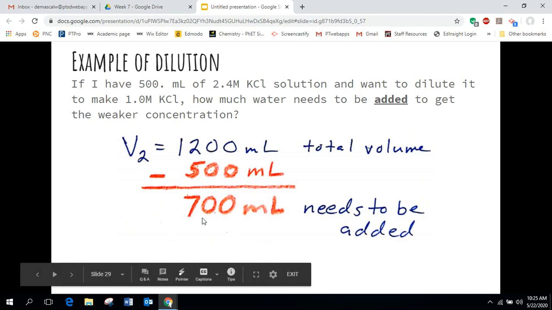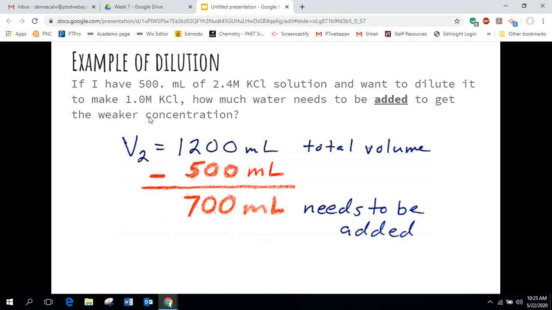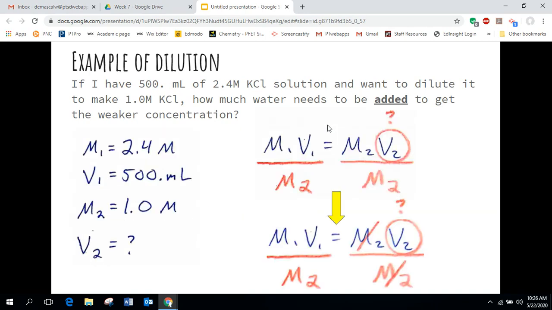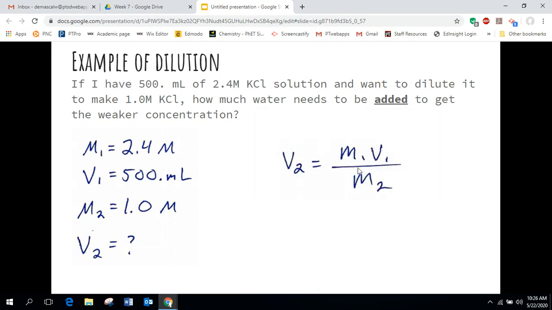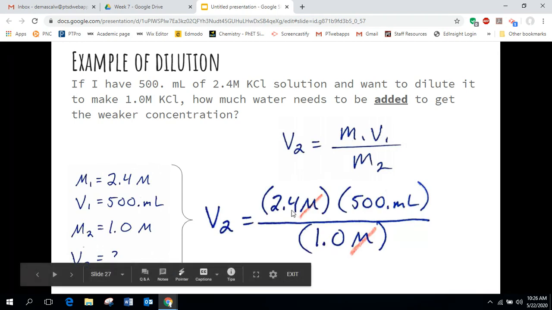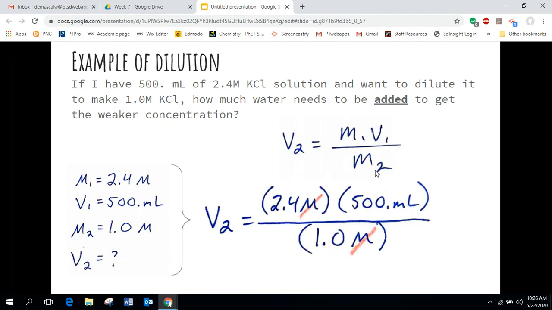And the end result is that we would have 1,200 milliliters of the weaker 1 molar. So again, we used M1V1 equals M2V2. We solved for V2. We plugged in the original molarity and volume. We had 2.4 molar and 500 milliliters of it.